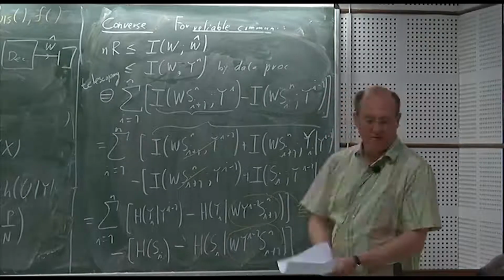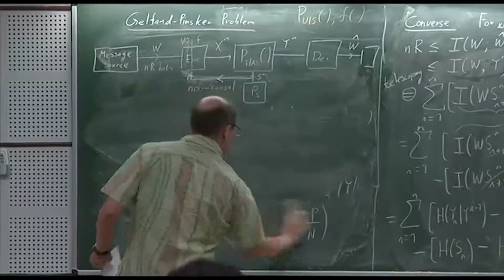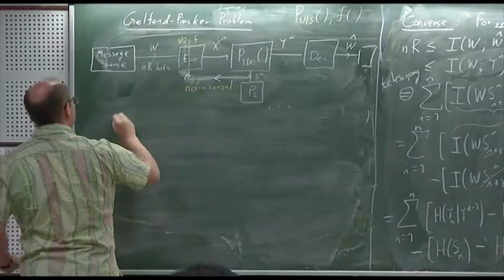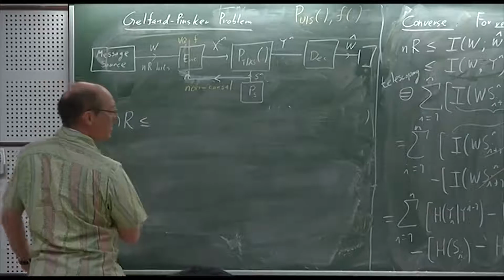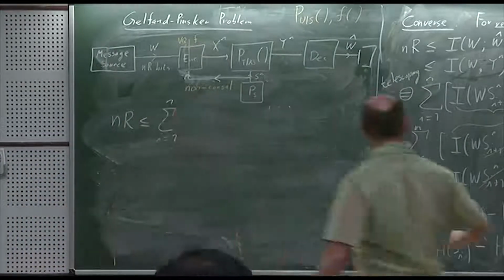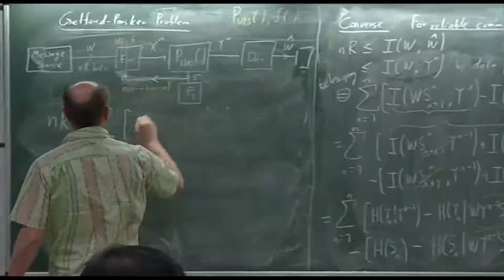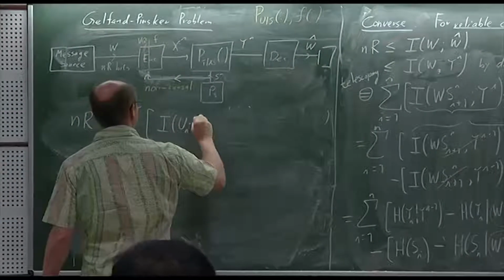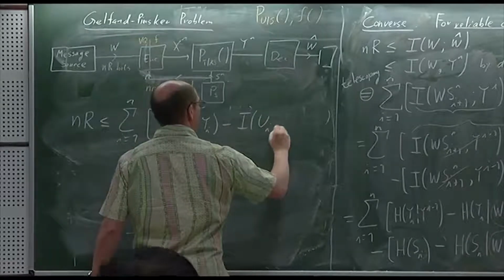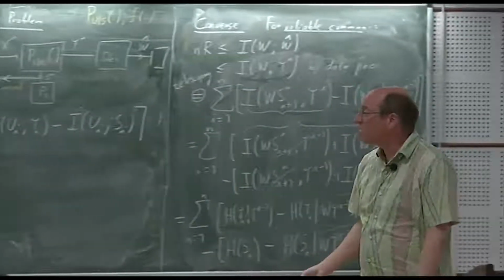Okay, and now just putting this together. We're almost there, although a few more steps. So what we have now is nR for reliable communications is less than or equal to the summation from i equals 1 to n. Of course, this is less than H(Y_i). So here I'm just going to get I(U_i; Y_i) minus I(U_i; S_i), which looks exactly like we need it to look, right?